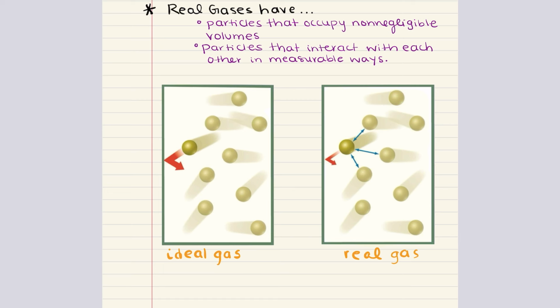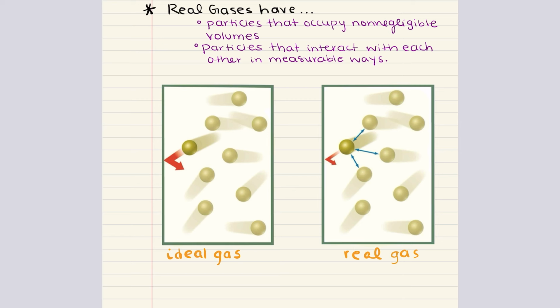Now, in general, the ideal gas law is a good approximation of the behavior of real gases, but all real gases deviate from ideal gas behavior to some extent, particularly when the gas atoms or molecules are forced into close proximity under high pressure or at low temperature.